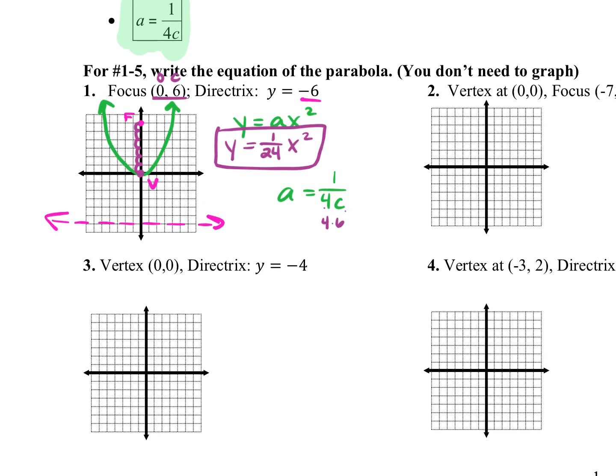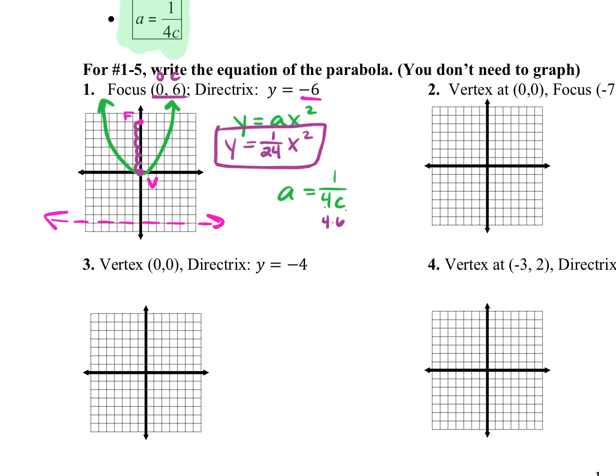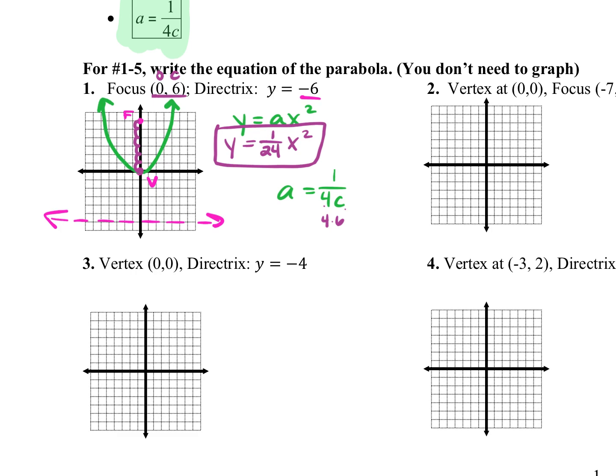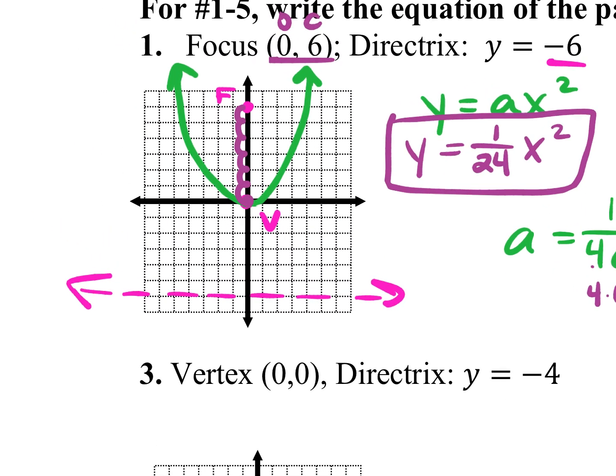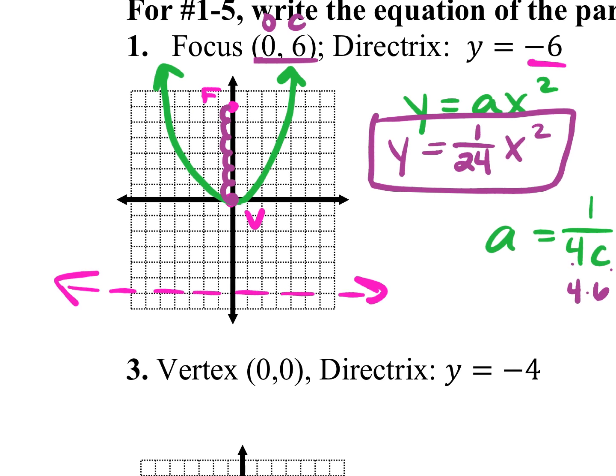Questions on that? Yes, Keith. So we just take whatever y equals and then use that for c? You take what C equals, which is always the distance from vertex to focus. So this distance to get from the vertex to the focus, that will be your thing.